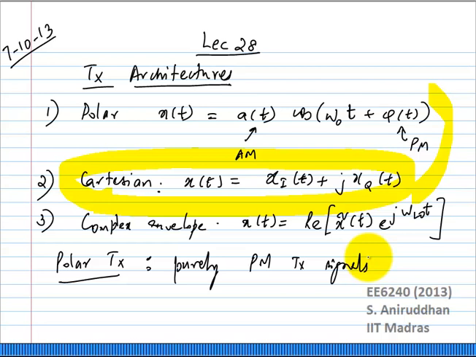Now, even in the case where a phase modulated transmitted signal exists, you can choose to do a Cartesian representation. So what would be the relative merits of doing a polar transmitter versus a Cartesian transmitter? Well, first of all, what do we mean by a polar transmitter? Let us say if I had a polar transmitter, so I had only a signal phi of t coming in, right?